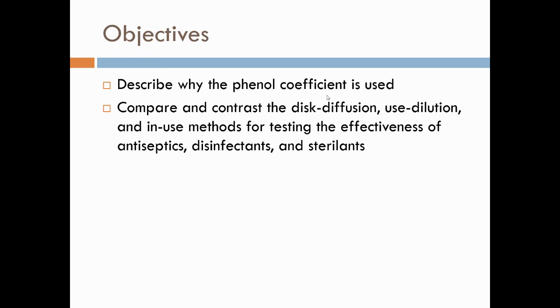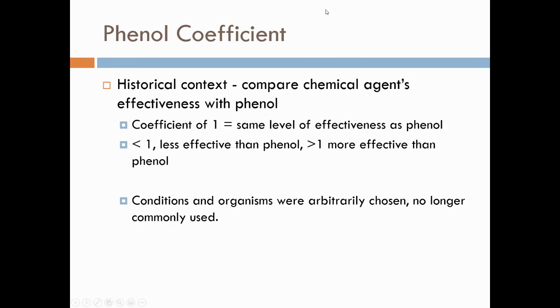Talk about the phenol coefficient and compare and contrast some different methods that we use to test. So the phenol coefficient historically has been used to compare any chemical agent of microbial control against the effectiveness of phenol. So how fast does phenol work compared to this? If we have a coefficient of 1, it means it's as effective.